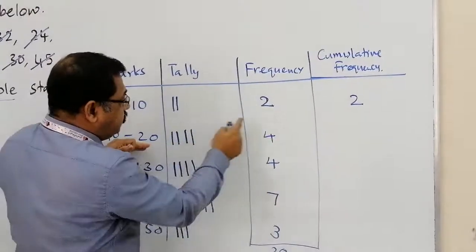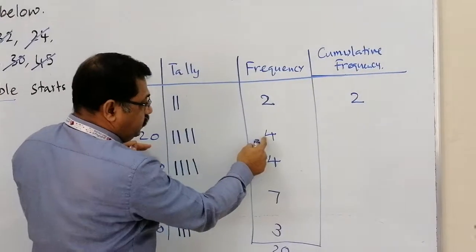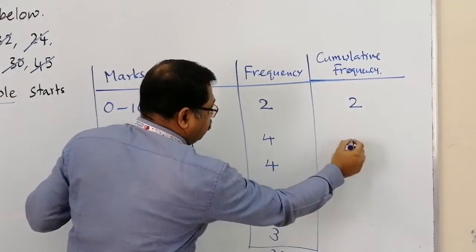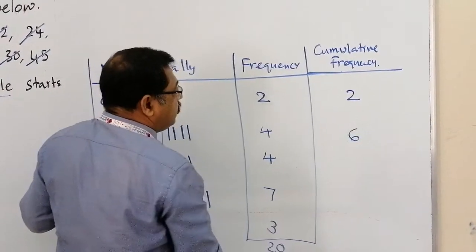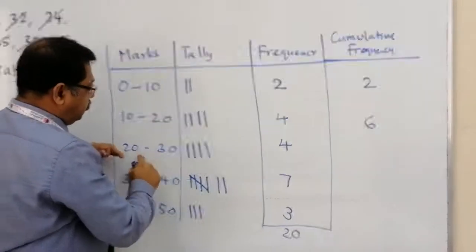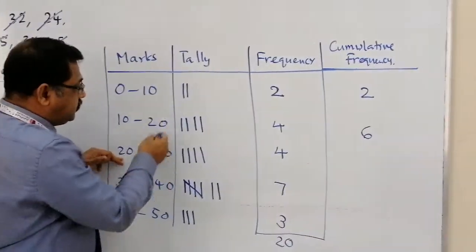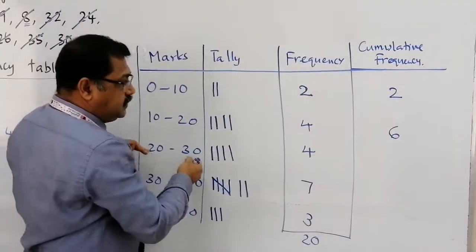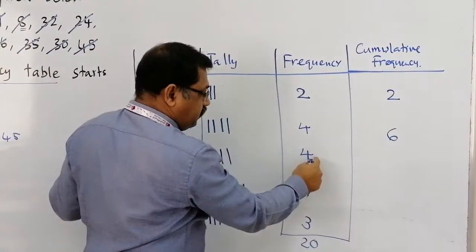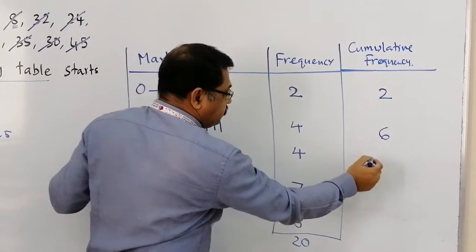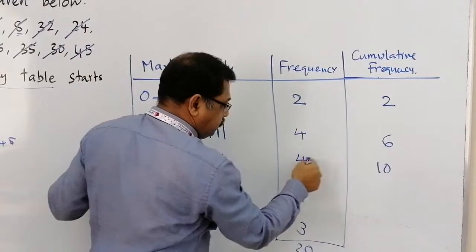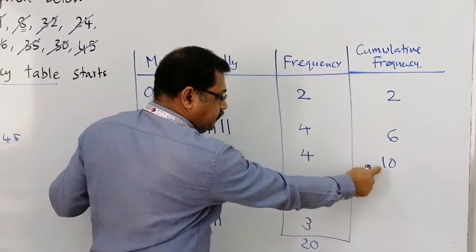That means we add 2 plus 4, which is 6. And the cumulative frequency up to 30 means all these values: 2 plus 4 plus 4, that is 10, or 6 plus 4 is 10.